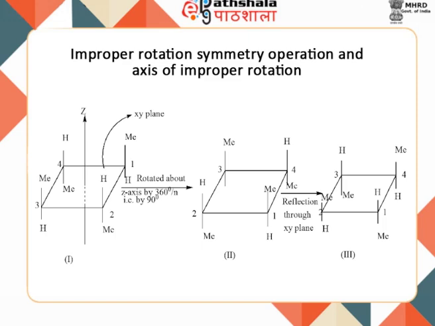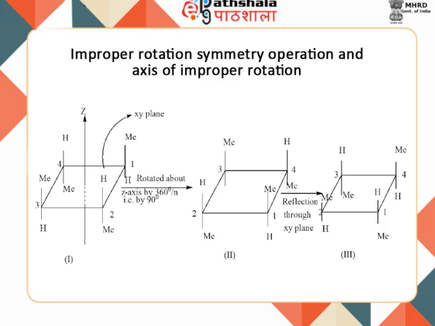If the rotation of a molecule about an axis by 360 degrees divided by n, followed by reflection through a plane perpendicular to the axis, produces an orientation which is indistinguishable from the initial one, it is called improper rotation symmetry, and the axis is called n-fold axis of improper rotation, Sn.